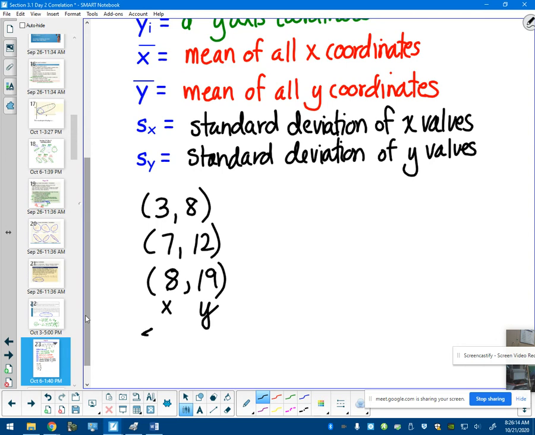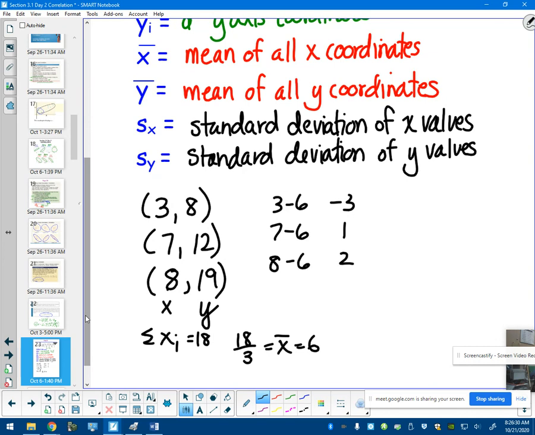The x's all sum up to 18. Then you would have to do 18 divided by 3 to get x bar, which is 6. Then you would say, okay, 3 minus 6 is negative 3. 7 minus 6 is 1. 8 minus 6 is 2. Square those, 9, 1, 4. Add those up, 14. Divide that by 3 minus 1. Take the square root to get the s of x.